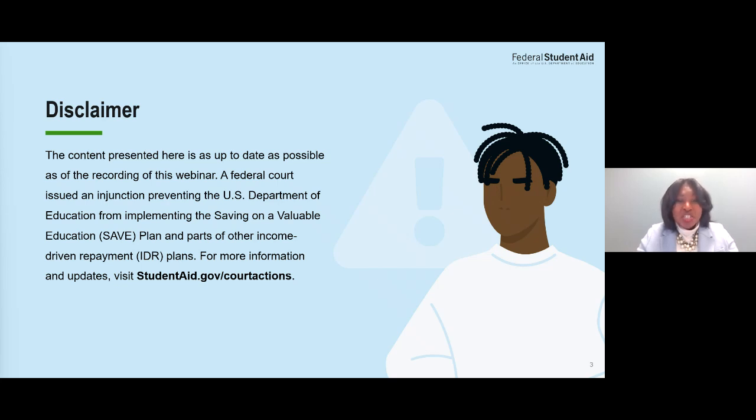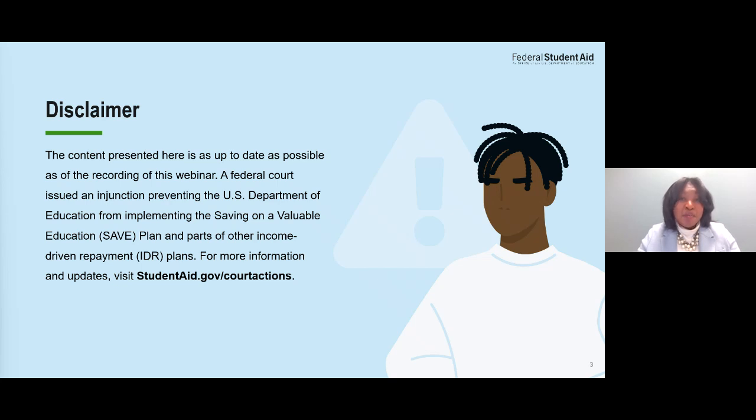Now, these changes also may have impacted recertification. As a refresher, all IDR plans take into account your income size and family size. So your calculations are made based on those particular factors to come up with your monthly payment. Recertification is usually on an annual basis, and because the application may have been removed during the time you were required to recertify, you may not have been able to do so.